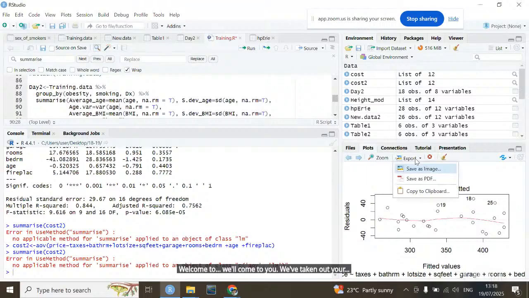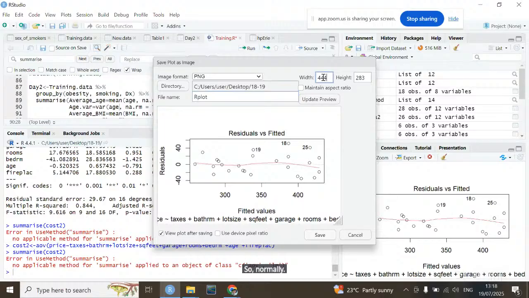So this is how you export the graph. You just come to export. You can copy, you can save as PDF, or you can save as image. Normally I use a width of 1,200 and a height of 700 or 650.